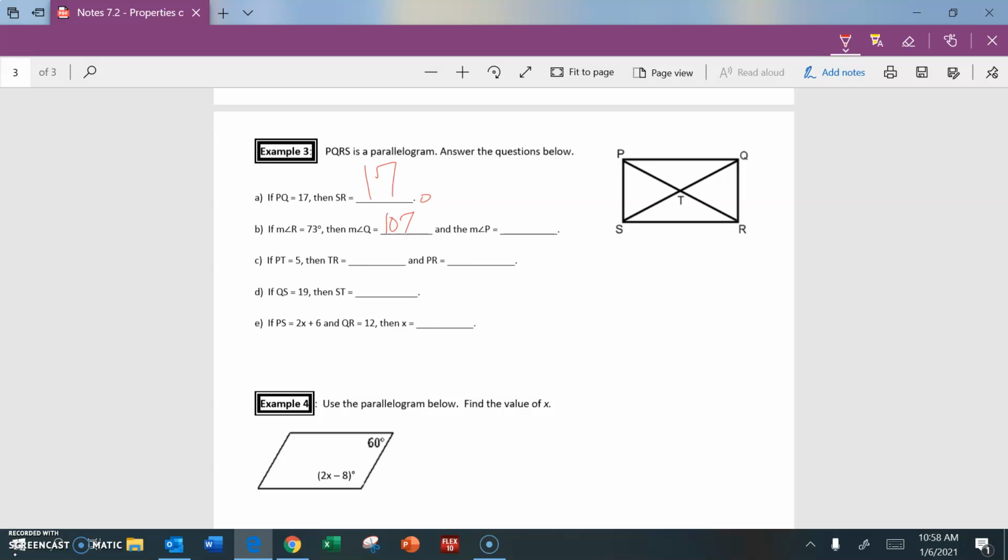And then P, because it is equal to R, would also be 73 degrees. If PT is 5, that means the other part of the diagonal is 5. Therefore, the entire diagonal PR is 10. If QS is 19, then ST needs to be half of that. So that's how I got 9.5.